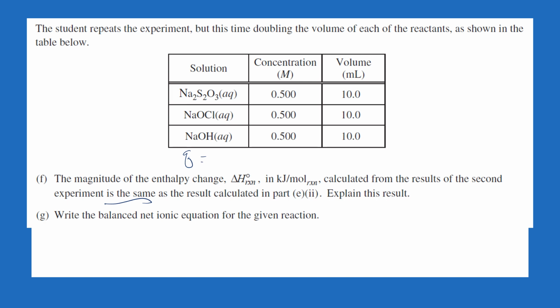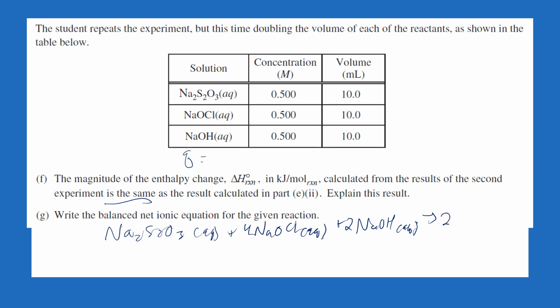And then for the last part, we needed to write the balanced ionic equation. Let me rewrite the equation that they gave us in the problem. Na2S2O3 aqueous plus 4 NaOCl aqueous plus 2 NaOH aqueous yields, I'm going to run out of space, Na2SO4 aqueous plus 4 NaCl aqueous and H2O liquid.